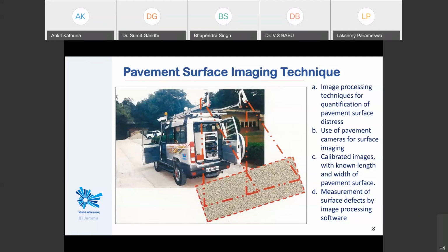Once your images are calibrated, you will get the length and breadth of the distressed part of the pavement, and you can measure the percentage of the pavement which is affected. So this is an instrumented survey, and when you need more precise condition data, either the performa 2 or the pavement surface imaging technique will be used.